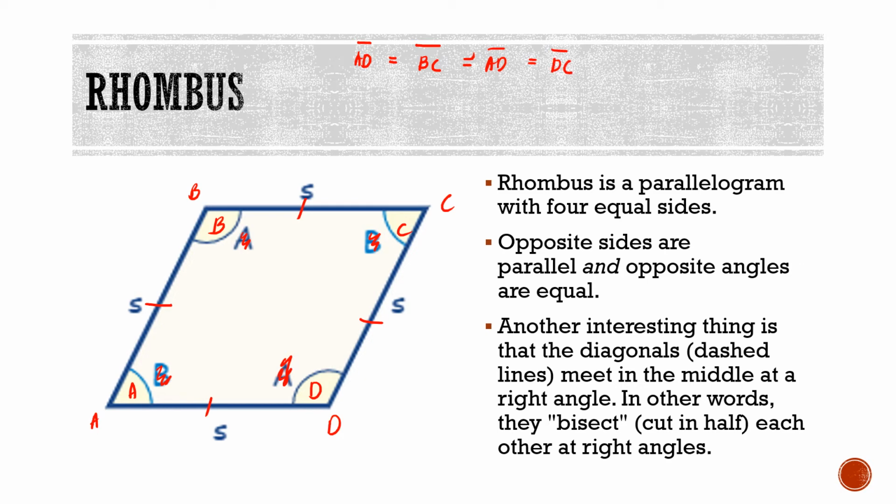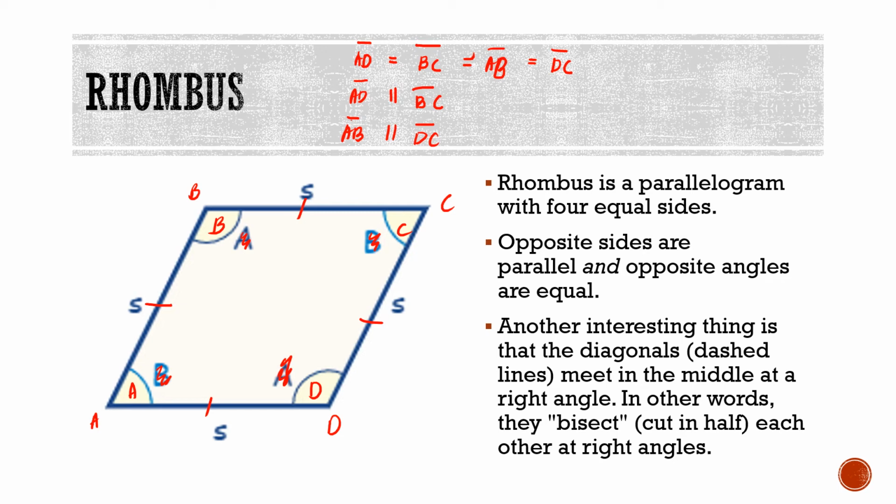Now, the opposite sides are parallel. So, therefore, we can say that side AD is parallel to side BC, and side AB is parallel to side DC.